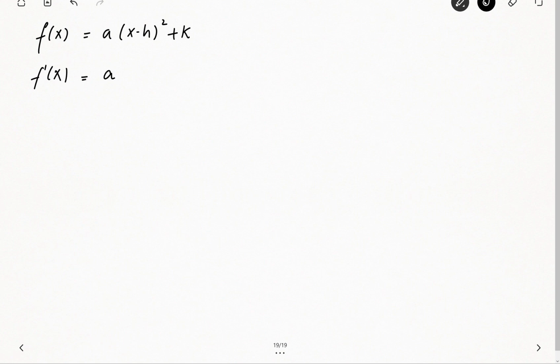So a stays here. According to the chain rule, I get 2(x minus h) times 1 because of the chain rule. Okay, so that is my expression. If you want to simplify this a little bit, that's going to be equal to 2ax minus 2ah. Okay, that's the derivative.